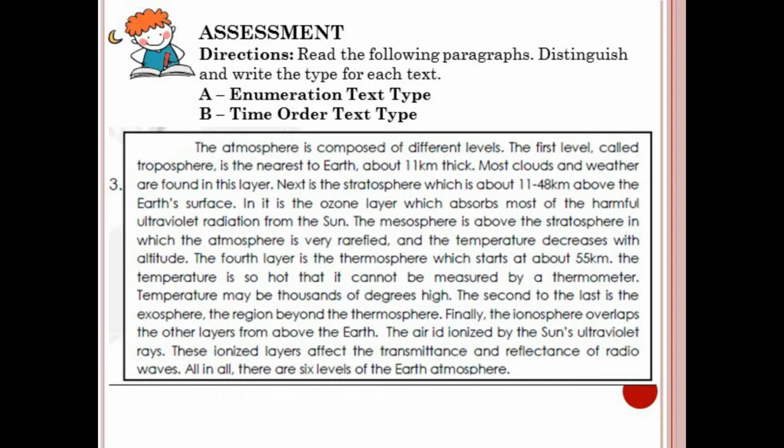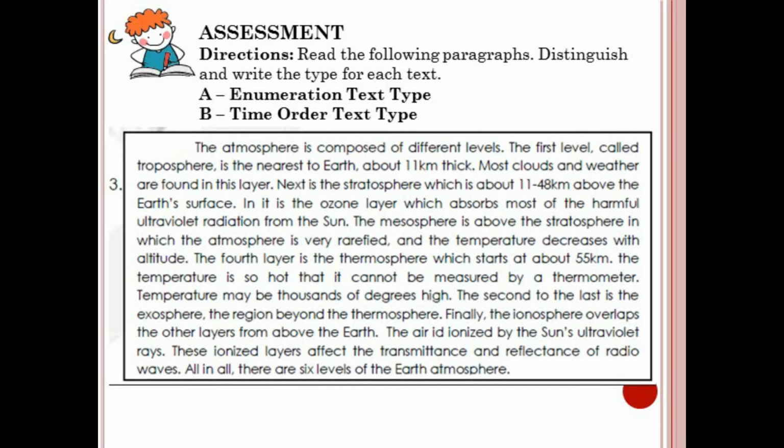The mesosphere is above the stratosphere, in which the atmosphere is very rarefied and the temperature decreases with the altitude. The fourth layer is the thermosphere, which starts at about 55 kilometers.